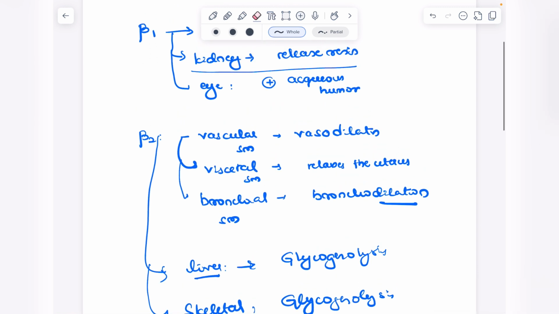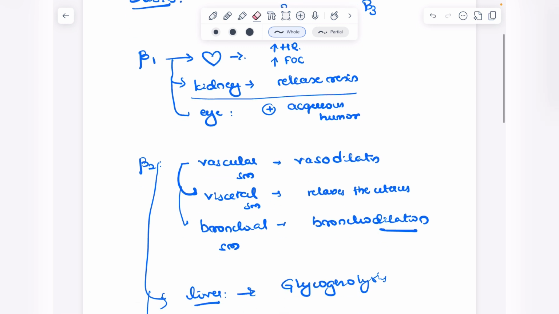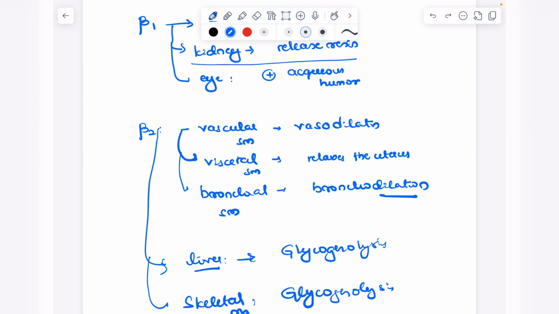If you block these receptors, what happens? Your heart rate will go down and force of contraction will go down, so you will get bradycardia and hypotension. Blocking the bronchial smooth muscle beta receptors will cause bronchospasm, so patients will be breathless.